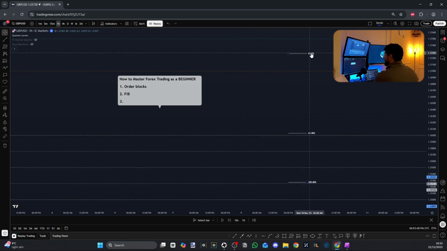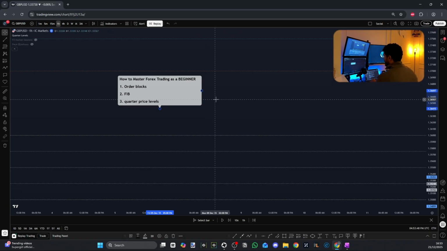Again, very, very simple. Now, the third and final concept is quarter price levels. So what are quarter price levels? These are levels which are psychologically significant and frequently respected by price due to institutional algorithms being programmed around these clean levels.